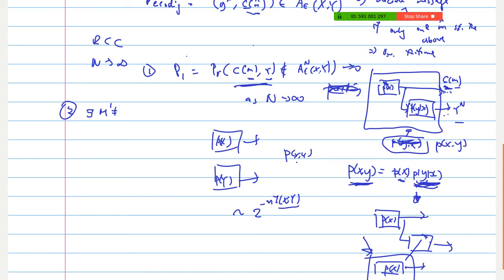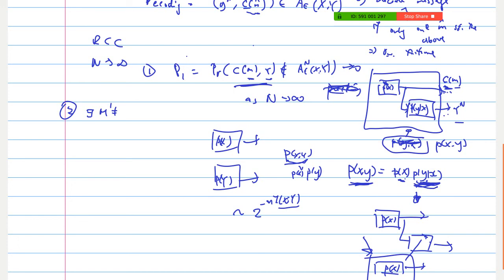If at the beginning your joint distribution is independent, P_XY equal to P_X P_Y, then any sequence drawn here will be jointly typical as well.